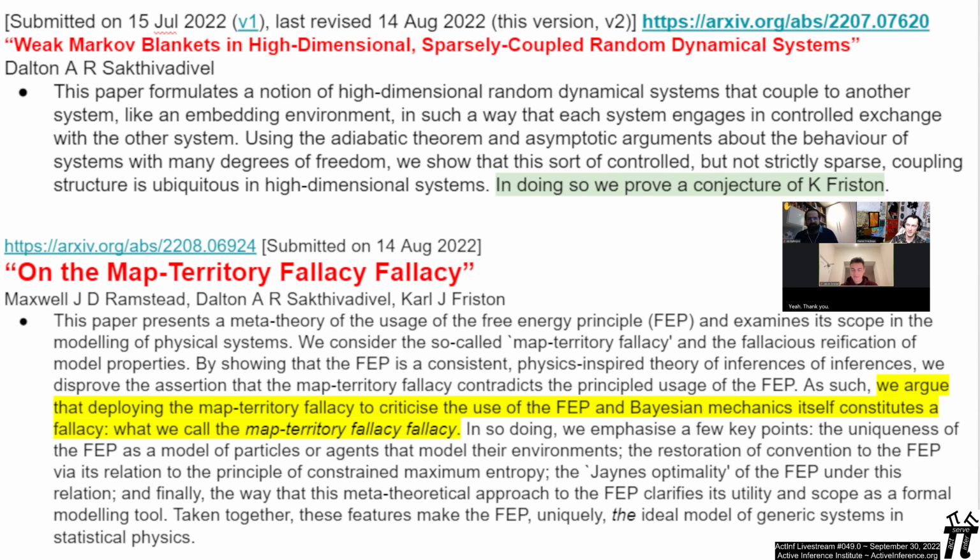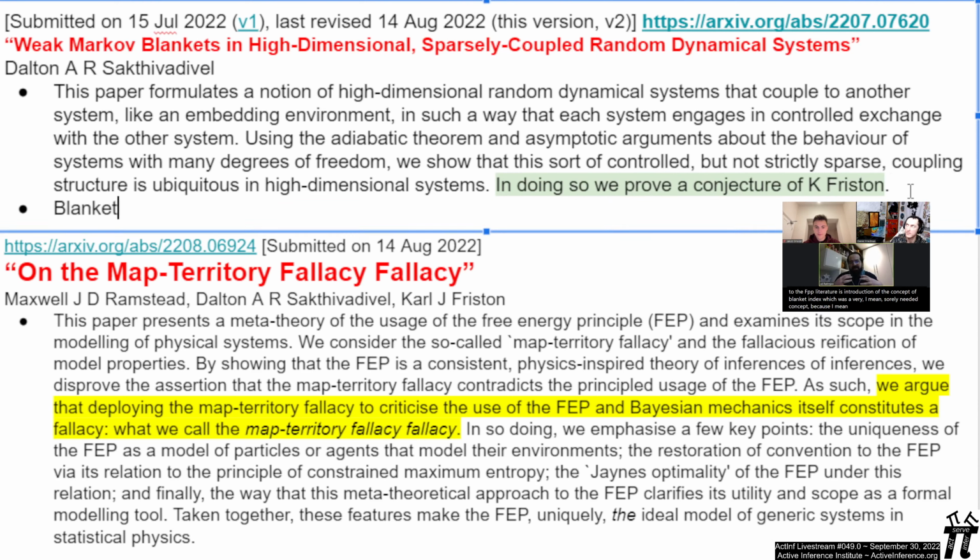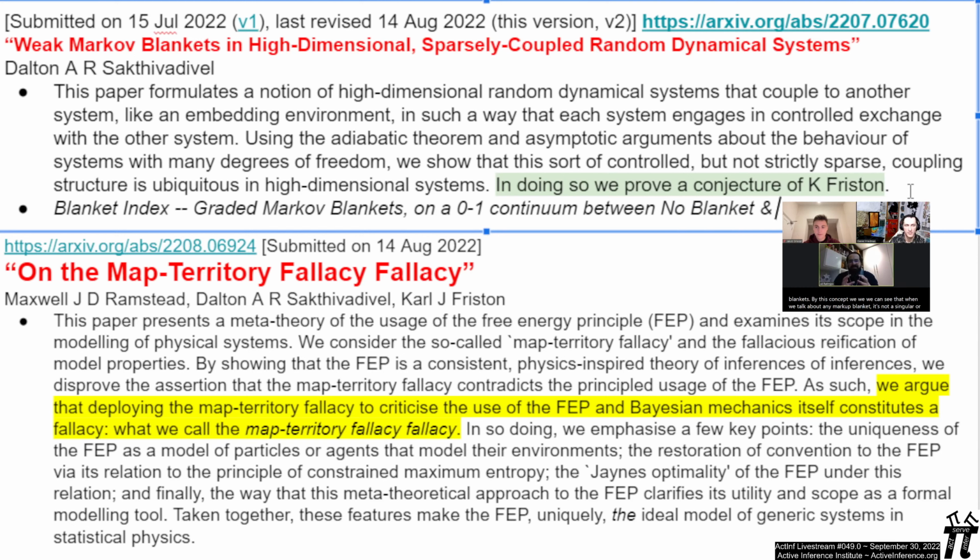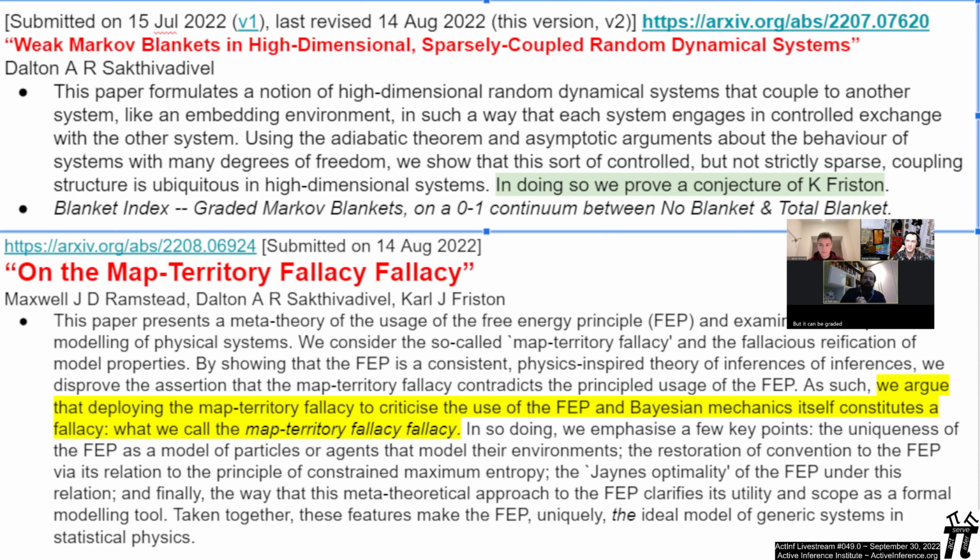Thank you. Ollie, feel free to say something you'd like about either or both. Adding to what Jakub said about the weak Markov blankets paper, I think one other significant contribution of this paper to the FEP literature is the introduction of the concept of blanket index, which was a sorely needed concept because, by grading the Markov blankets via this concept, we can see that when we talk about any Markov blanket, it's not a singular or necessarily 100% consistent concept, but it can be graded according to this blanket index.